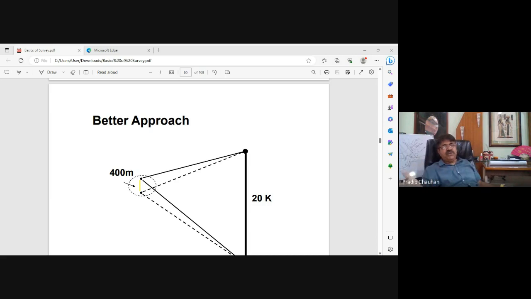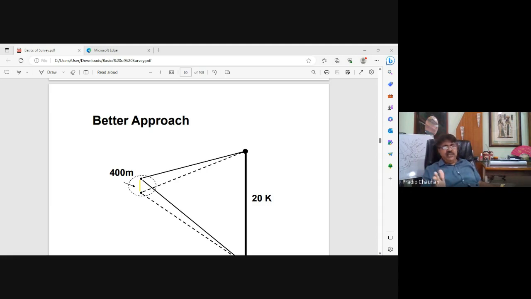So there are two types of survey. One is to collect data, and the second is to take whatever we have prepared on the drawing board or in AutoCAD and set it out on the ground. That is another important application of surveying.